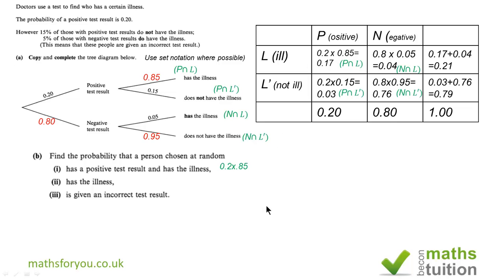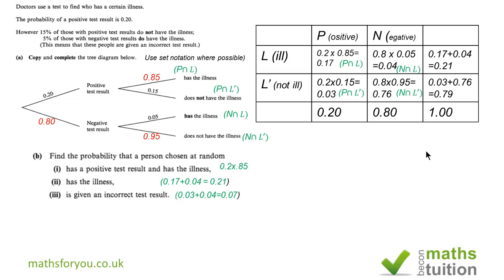Moving on, again, the probability that you're going to have the illness, and this time around we look at the L sample space, that's the illness sample space, and that will give us 0.2 times 0.85, which is 0.17, plus 0.8 times 0.05, which gives us 0.04, and if I add 0.17 to 0.04, you have 0.21.